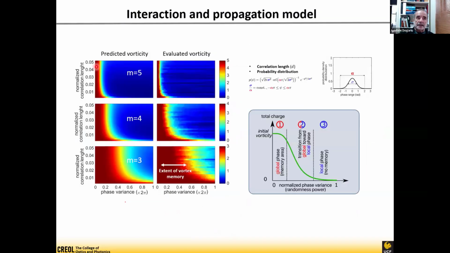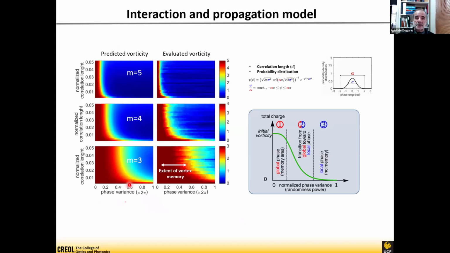Therefore, identifying the strength of the perturbation in terms of both spatial correlation and probability distribution of the phase, we come up with values on the propagation distance for which the initial vorticity is practically maintained, right?